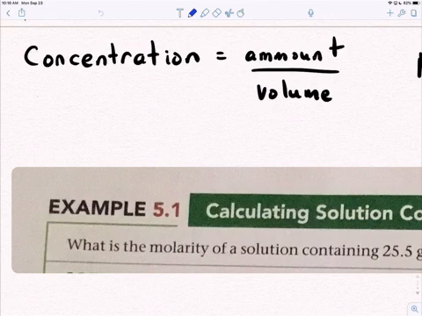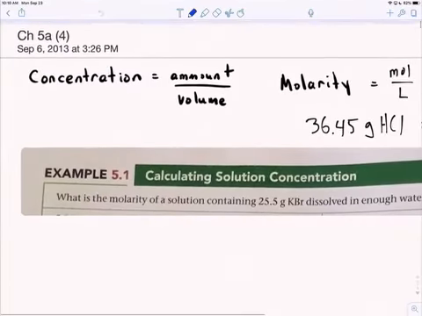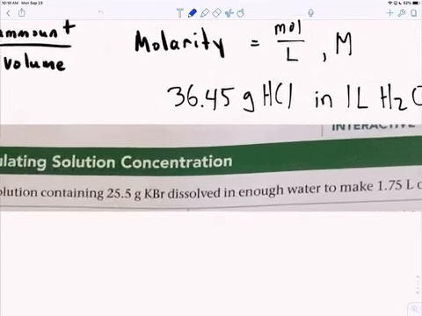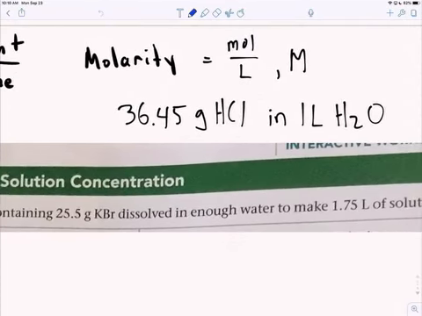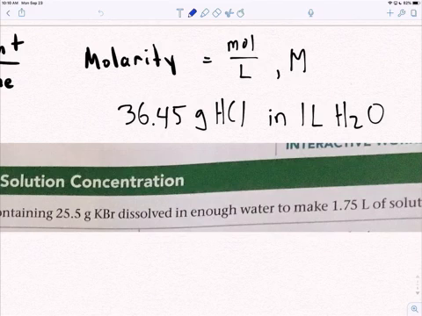We have percent by mass as well. But chemistry is weird, because we're not very good at colloquial things. Colloquial meaning general population. We don't talk about, gee, I wonder what the molarity of this drink is. No, you want to know its proof.